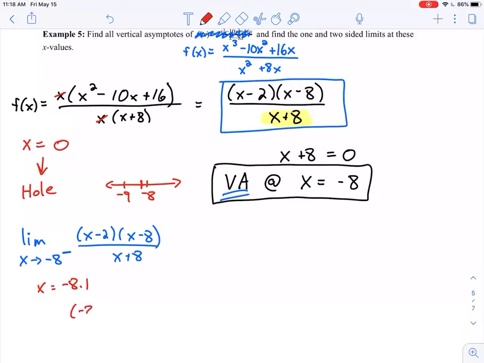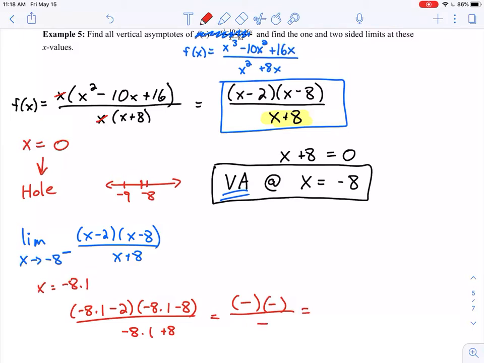So I'll have negative 8.1 minus 2 times negative 8.1 minus 8 divided by negative 8.1 plus 8. So here, negative 8.1 minus 2, that's going to be a negative number. Negative 8.1 minus 8, that is also a negative number. Divided by negative 8.1 plus 8, that is also a negative number.